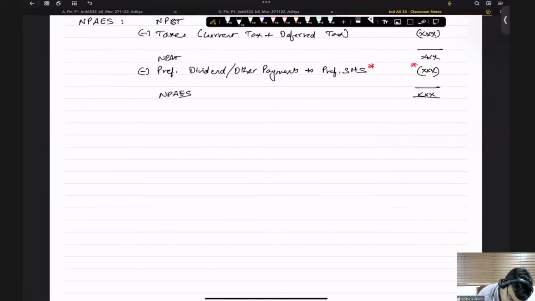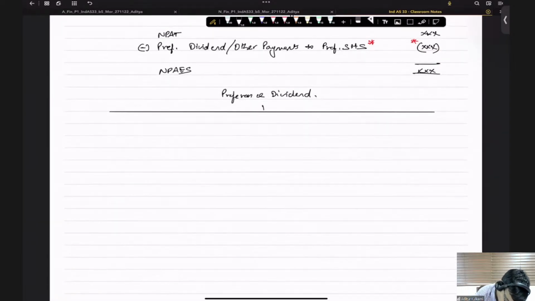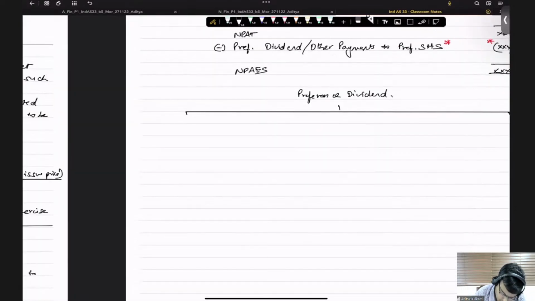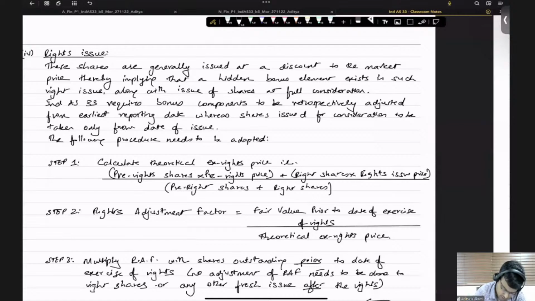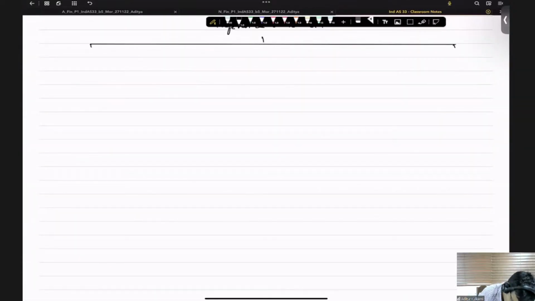Preference dividend. Preference shares classified as financial liability.